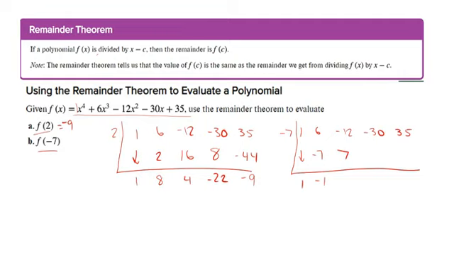Negative 12 plus 7 is negative 5. Negative 7 times negative 5 is positive 35. Negative 30 plus 35 is positive 5. Negative 7 times 5, negative 35. And this one adds to 0. And so this function value is 0.